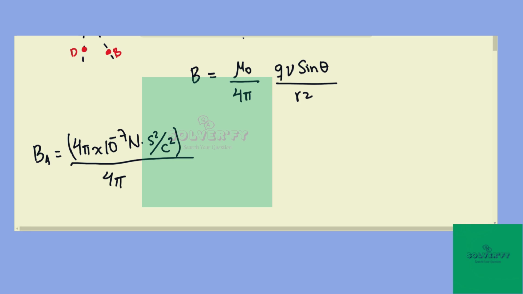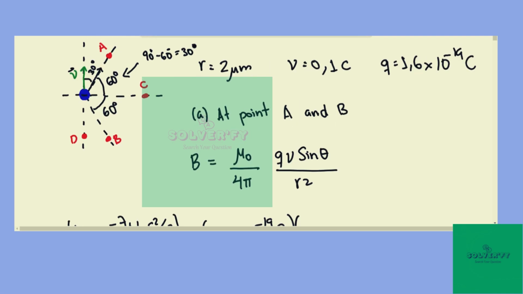And the charge corresponds to the charge of an electron, which is 1.6 times 10 to the minus 19 coulomb. And the velocity of this electron is given as 0.1 times the speed of light. We also know that the speed of light is 3 times 10 to the 8 meters per second.